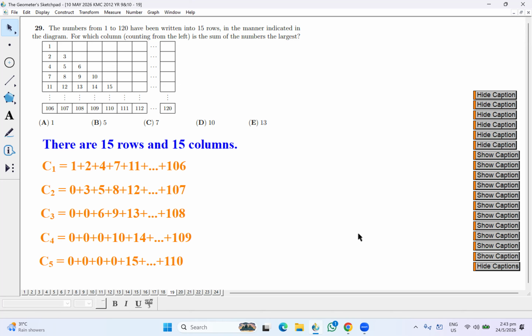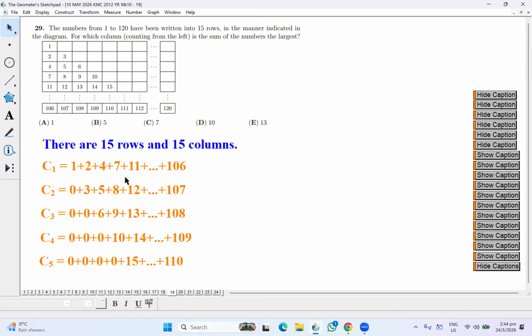But without adding, we can see the increases: 1, 3, 2, 5, 4, 8, 7, 12, 11, 107. There are 15 terms, so 14 times the difference is 1, and only one time it is 1 versus 0. So obviously C2 is bigger than C1. It is 14 times because there is one term in front.